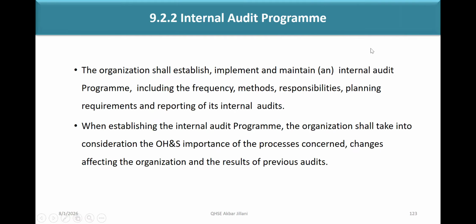Now, internal audit program: the organization shall establish, implement, and maintain an internal audit program, including the frequency, methods, responsibility, planning, and reporting of its internal audits. The internal audit frequency will be once in a year.